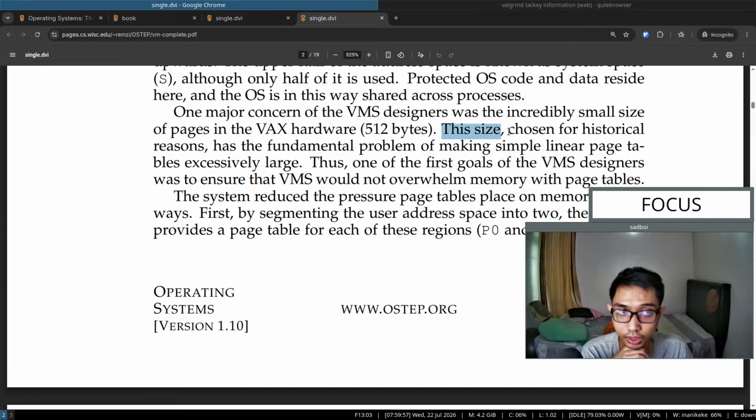This size, chosen for historical reasons, has the fundamental problem of making simple linear page tables excessively large.